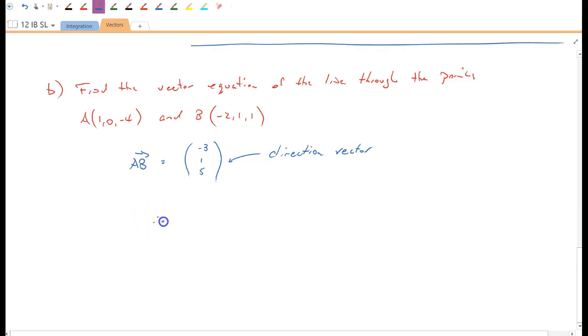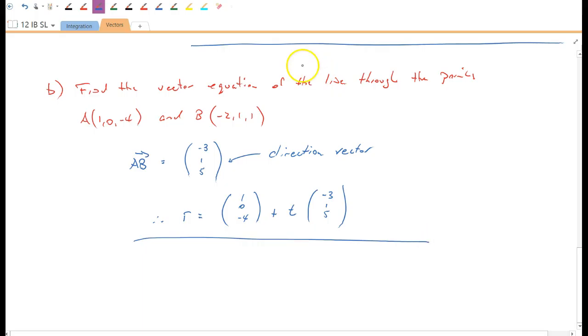So therefore, r is equal to, I'll go with A, that's my fixed point, (1, 0, minus 4) plus t(minus 3, 1, 5). And we are done. So that's the vector equation of the line through those 2 points.